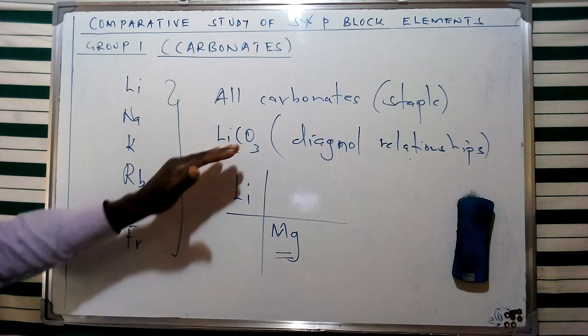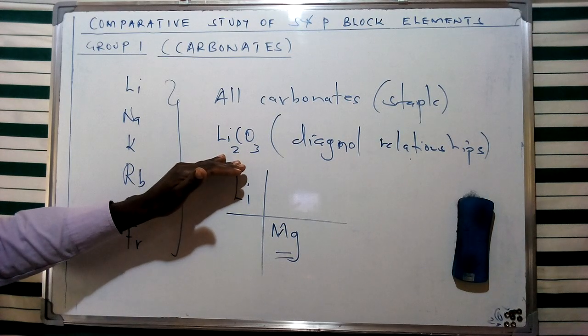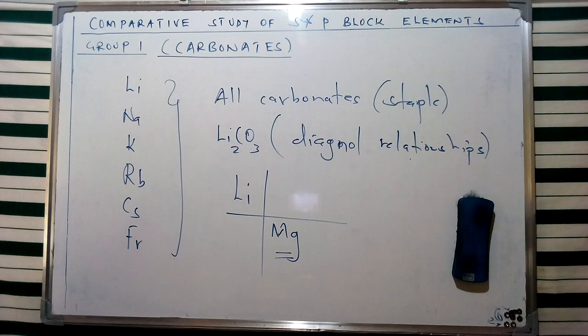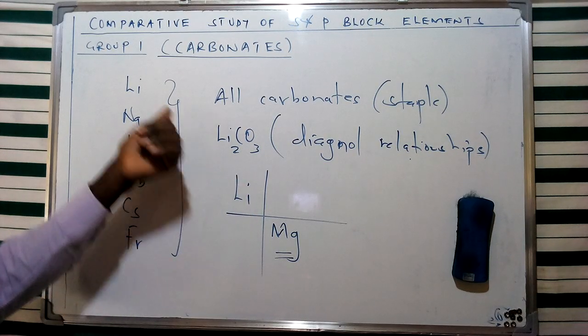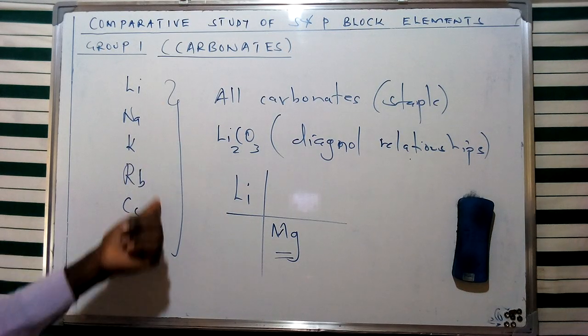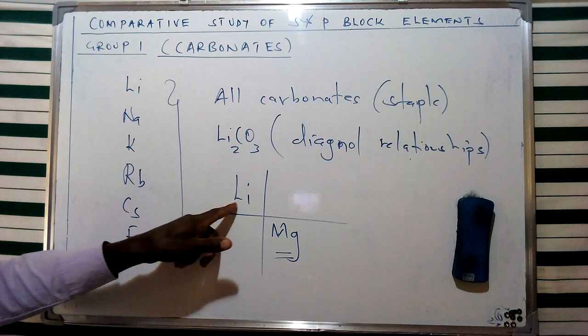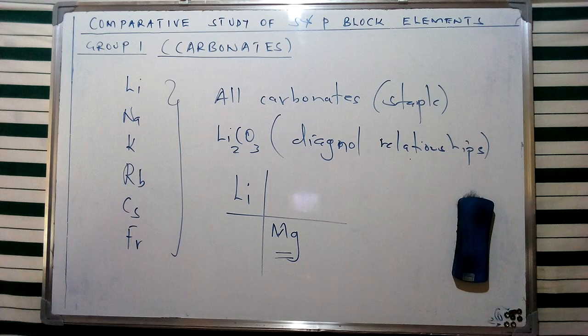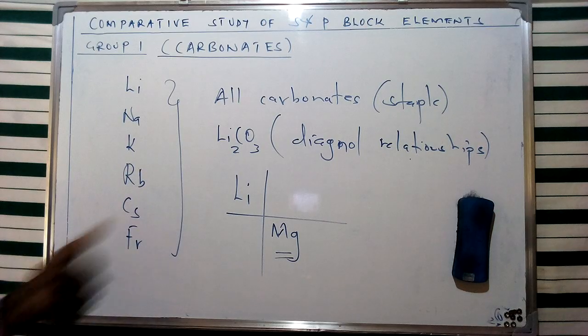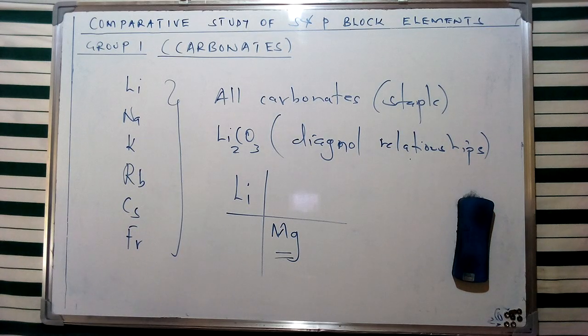Now, apart from this specific case for the lithium carbonate, other compounds of lithium, as I've said, are going to exhibit a unique property, which is going to differ from other compounds obtained from the members of the same group.